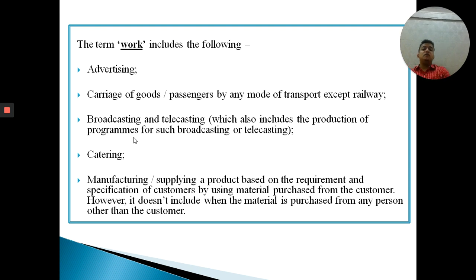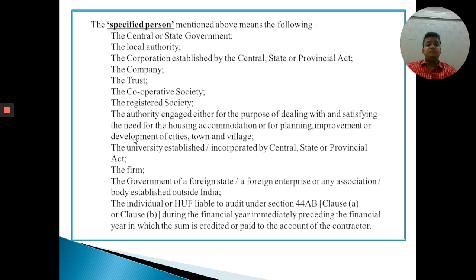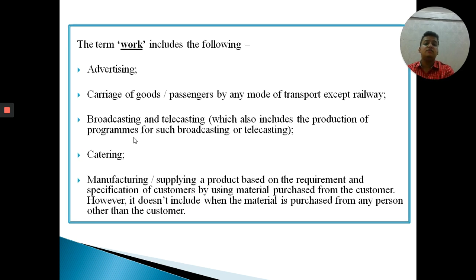Next, the term work. The term work includes the following: advertisement. The previous slide was about the specified person, and the specified person is the person who will be giving work to a resident contractor, and the specified works are as follows: advertisement, carriage of goods or passengers by any mode of transport except railways, broadcasting and telecasting, which also includes the production of programs for any broadcasting or telecasting, catering, manufacturing or supplying a product based on the requirement or specification of customers by using materials purchased from the customer.